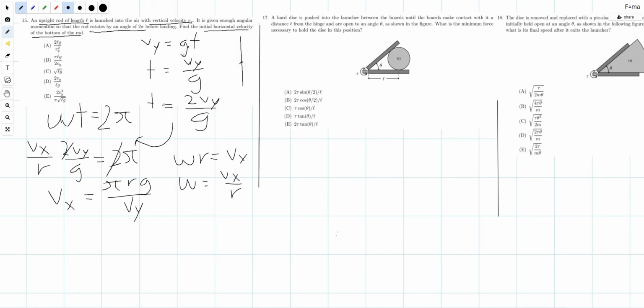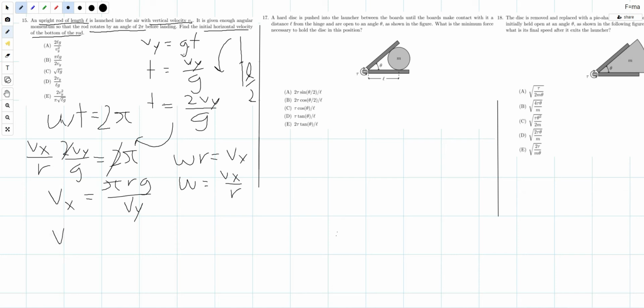In our rod, it says that it's rotating. Since it's rotating, it's really just circling around a center pivot. So the radius of rotation, the r, would be L by 2. So we can substitute that L by 2 back into the equation where r was.